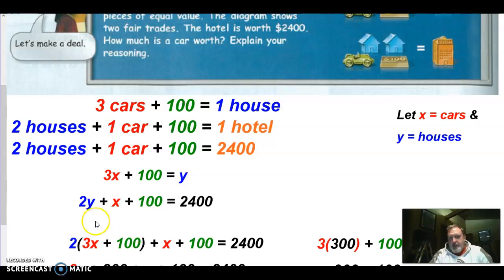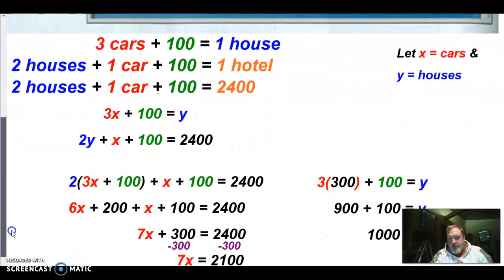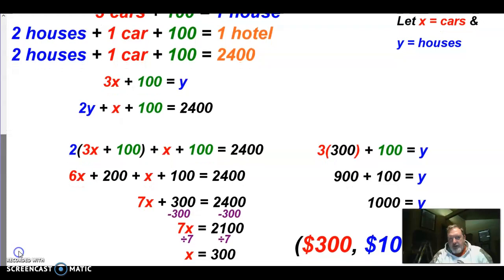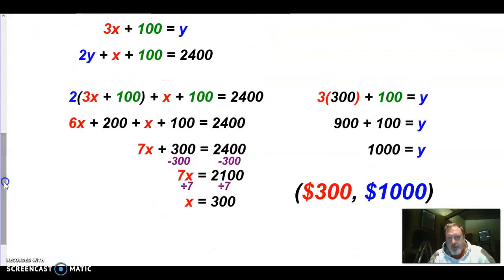And so as I do that now, when I distribute, this equation is all in terms of x, and I can solve for x, which is going to be 300. Once I have x, so again, I plug y in here, solve for x. X is 300.